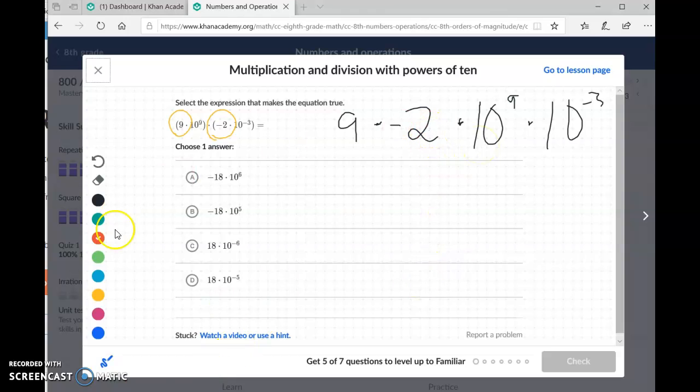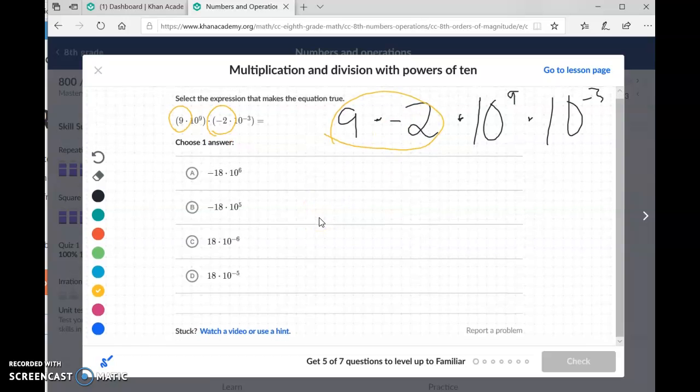Alright, I'm just going to multiply this now. I'm going to take these two. 9 times -2 is, and I don't think it'll let me write in there. It does not. Okay, so that's -18. Now I'm going to do this over here. Previously we had been working with exponents.